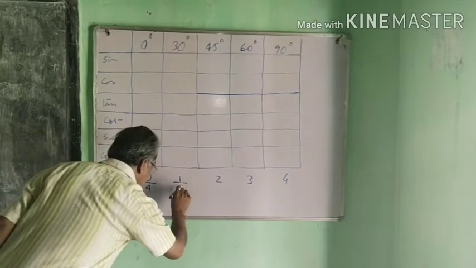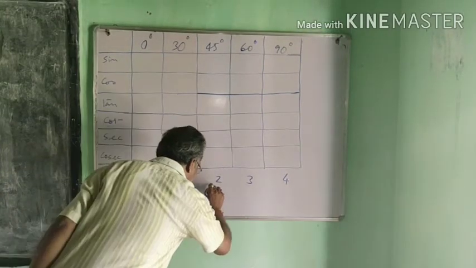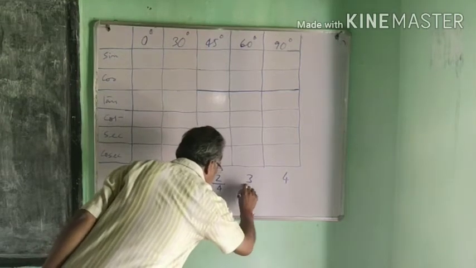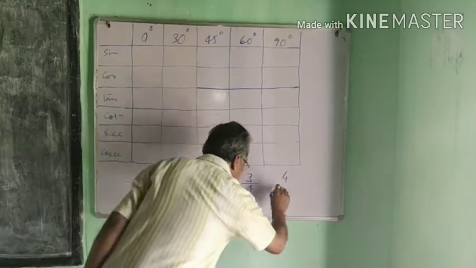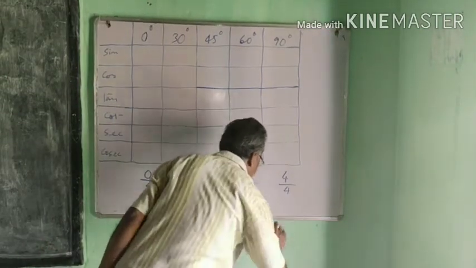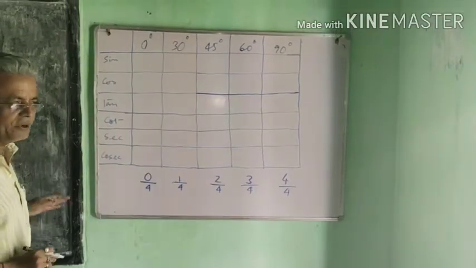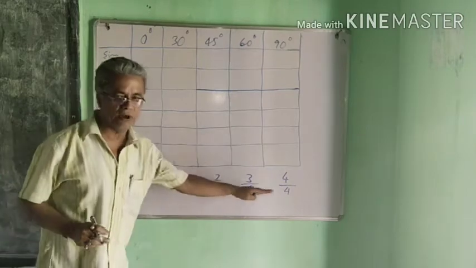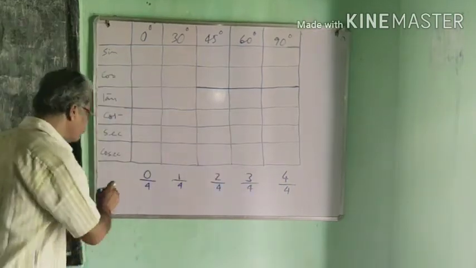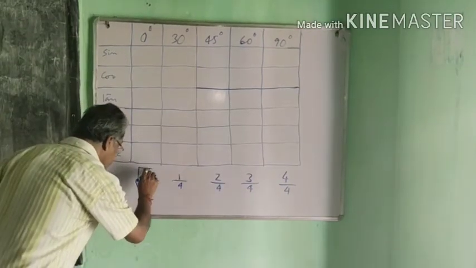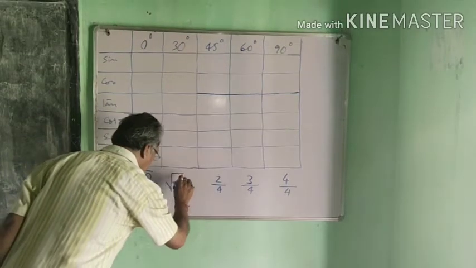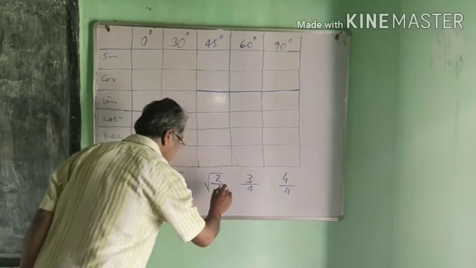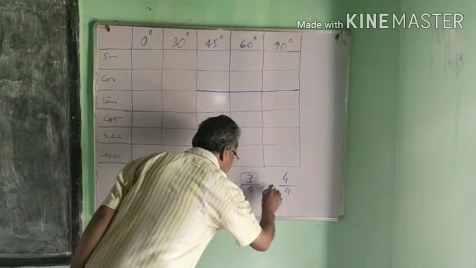It can be remembered easily. One can remember these things very easily. We have written 0, 1, 2, 3, 4 and then divided all the numbers by 4. Now we take the square root of the quotients.